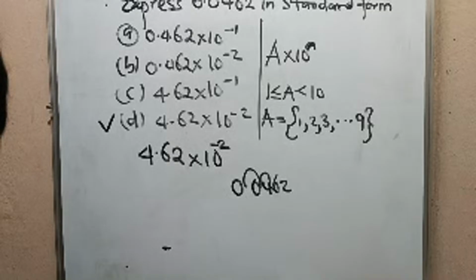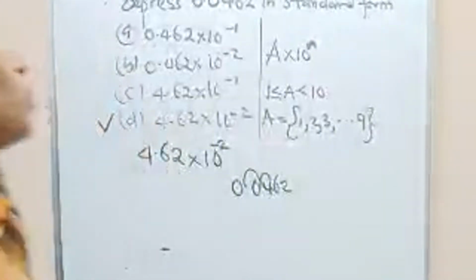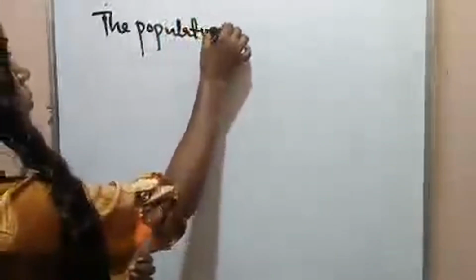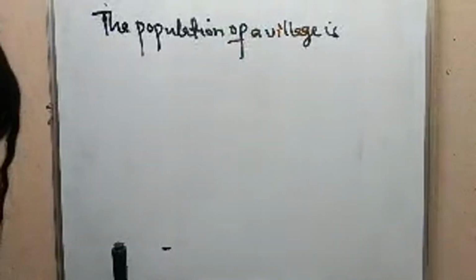The second question is, now for the second question, number 2, the question says the population of a village is 5,846.